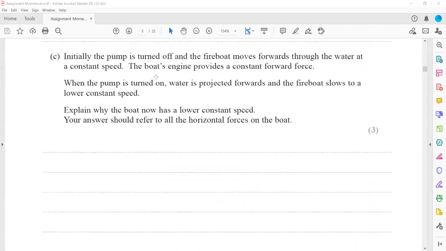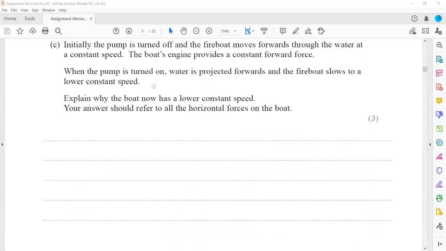Then the next question: initially the pump is turned off and the fireboat moves forward through the water at a constant speed. The boat engine provides a constant force. When the pump is turned on, the water is projected forward and the fireboat slows down to a lower constant speed. Explain why the boat now has a lower constant speed, and your answer should refer to all the horizontal forces acting.